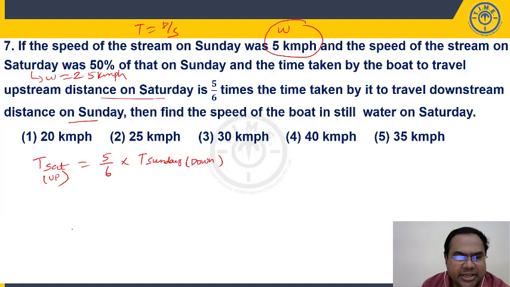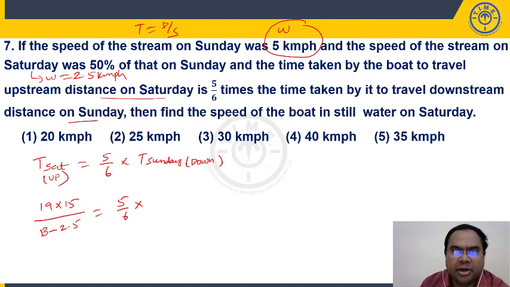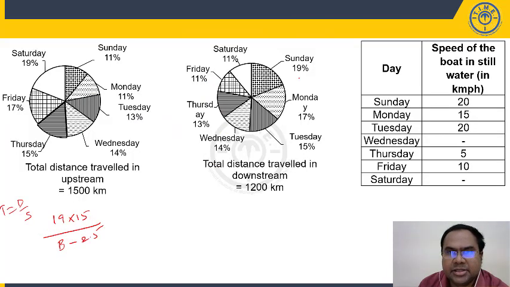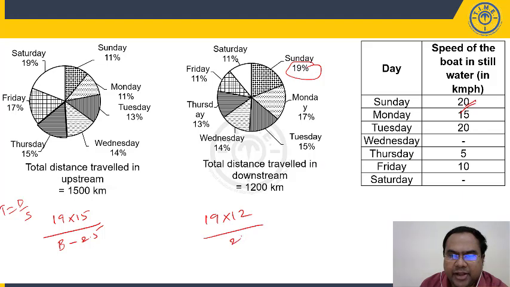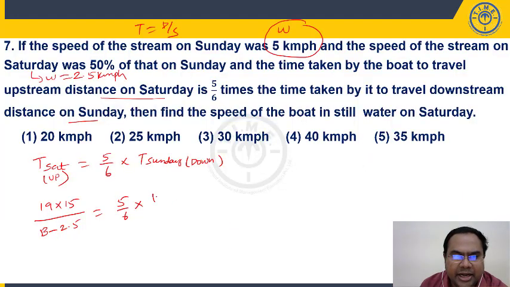So 19 into 15 by B minus 2.5 is equal to 5 by 6 of the time taken to travel downstream distance on Sunday. Sunday downstream is this 19. So it is 19 into 12 by B plus W. Sunday B value is 20 and W value is 5, so it is 25.